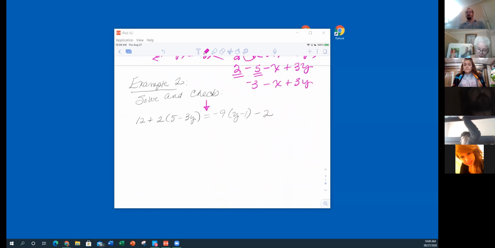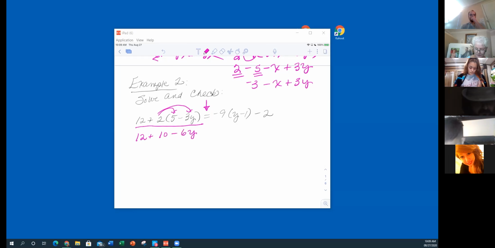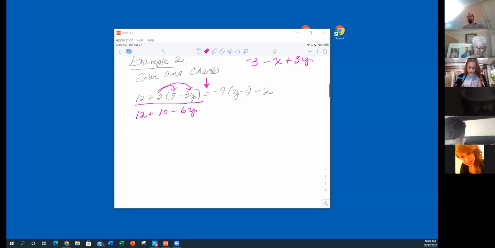I'm working on this side first. I'm going to do the distributive property here, and that's going to give me 12 plus 10 minus 6y. I'm just totally working with this side till I have it totally simplified. So I have 12 plus 10 is 22 minus 6y, because I combined like terms. Now I'm going to work with the other side.